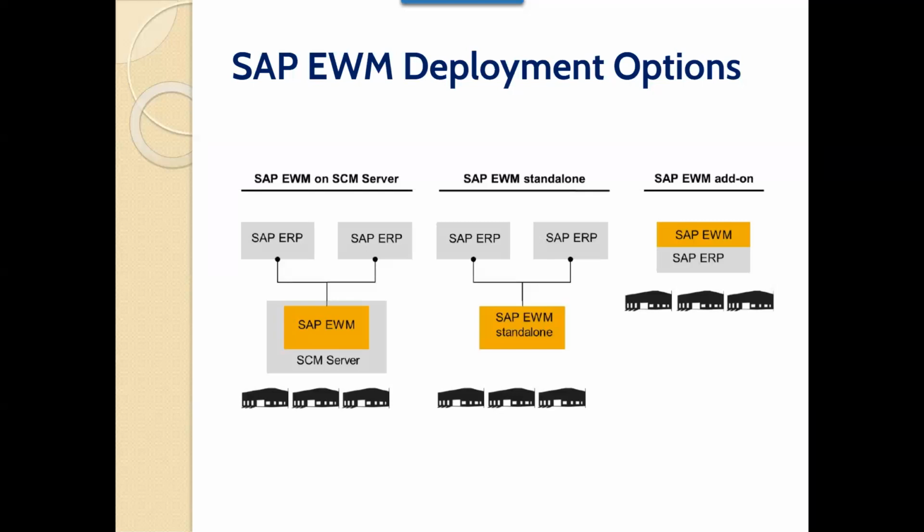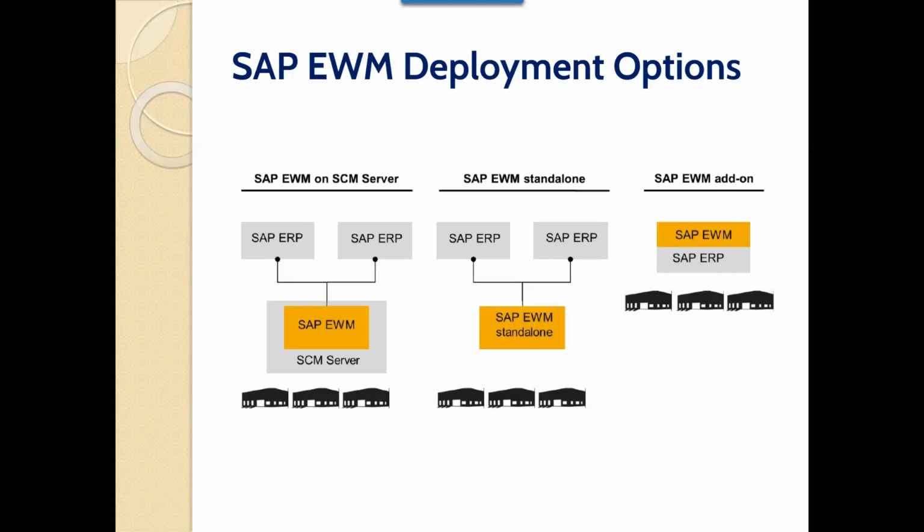Other than this, there are multiple options they can follow. Number one: one of the clients I implemented is already familiar with outbound delivery and outbound processes in their own system.